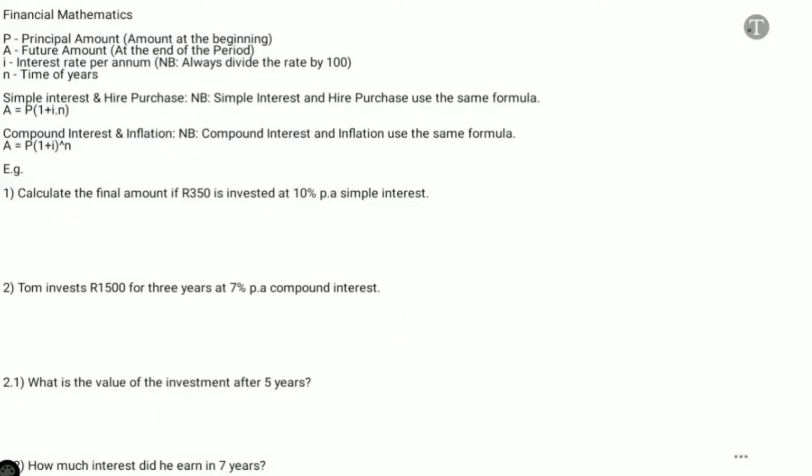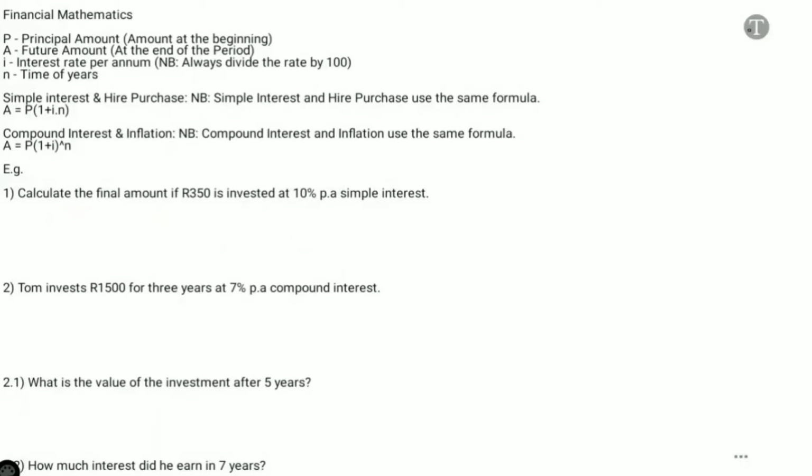You'll see when we do examples that we get different interest rates. We get 7%, we get 8%, we get 10%, depending on the question. Before you can substitute the I into any of the formulas, you always have to divide it by 100.